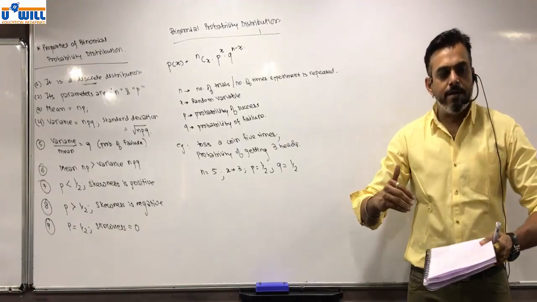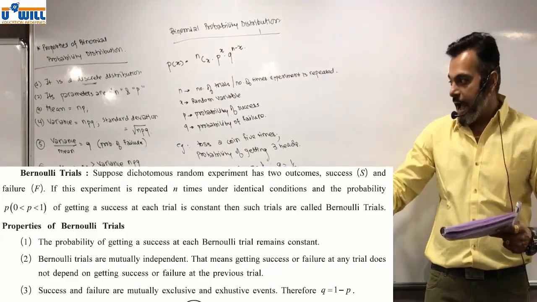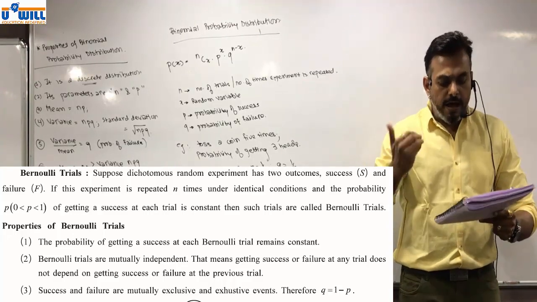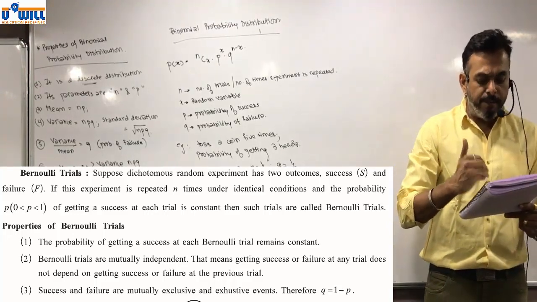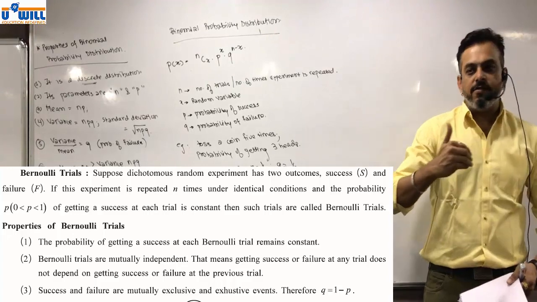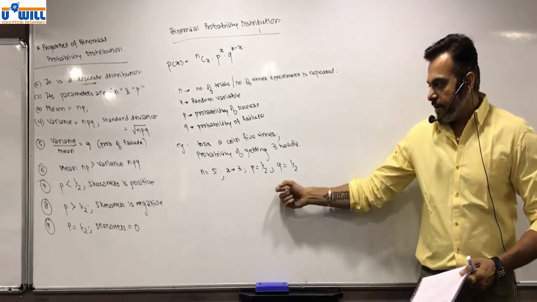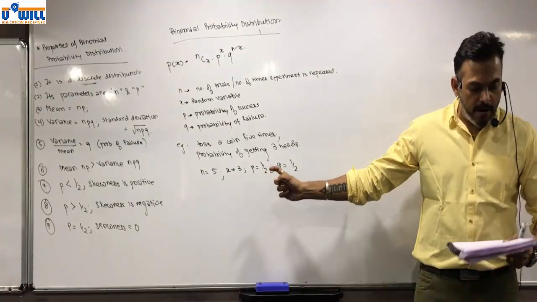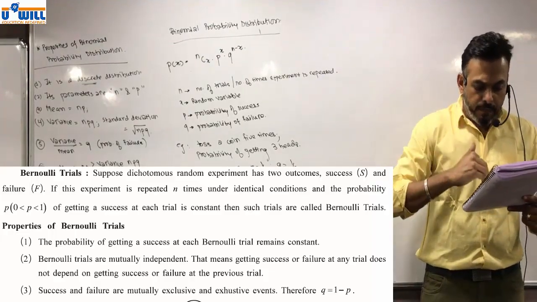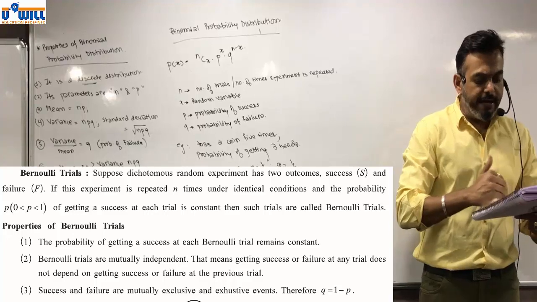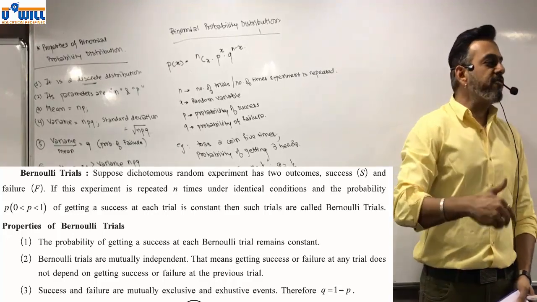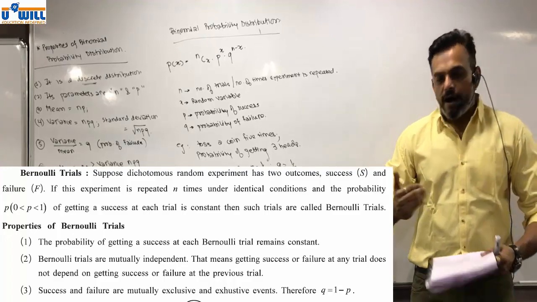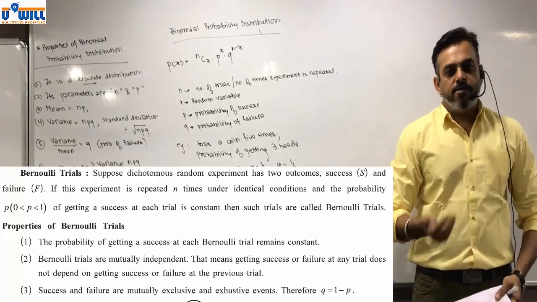If this experiment is repeated n times under identical conditions, and the probability p is greater than 0 and less than 1, the probability of getting a success at each trial is constant, then such trials are called Bernoulli trials.